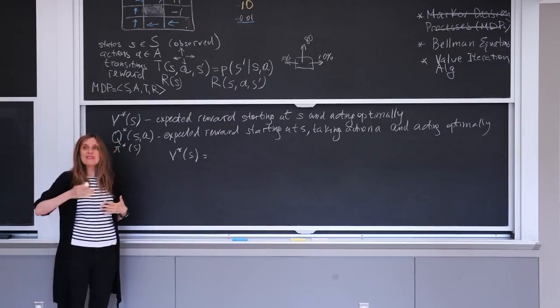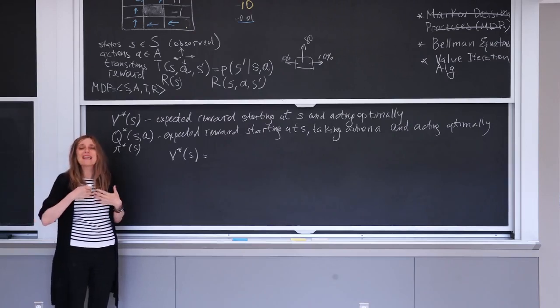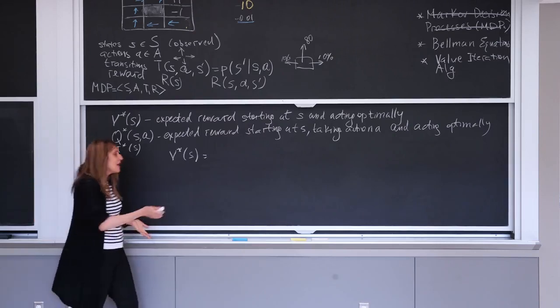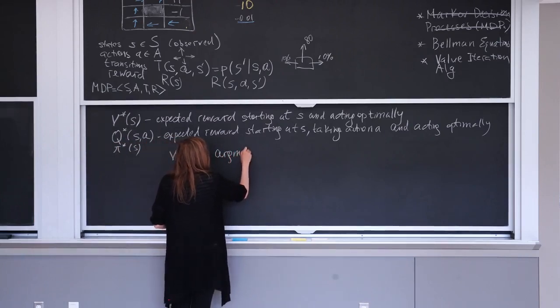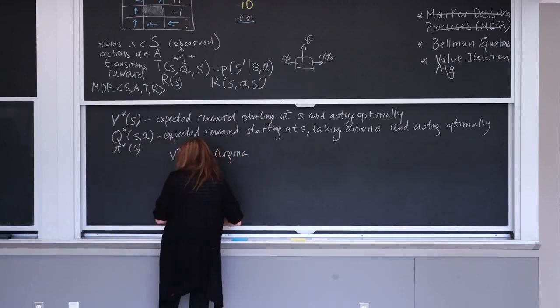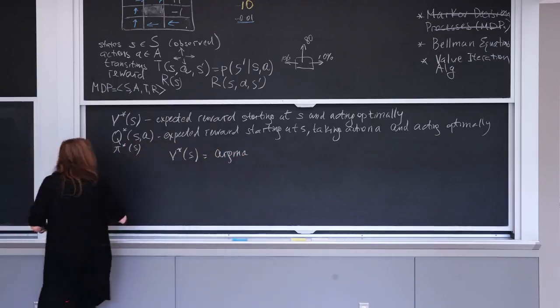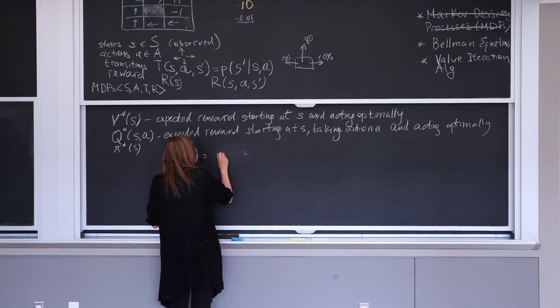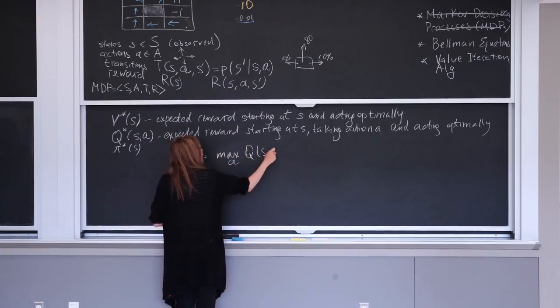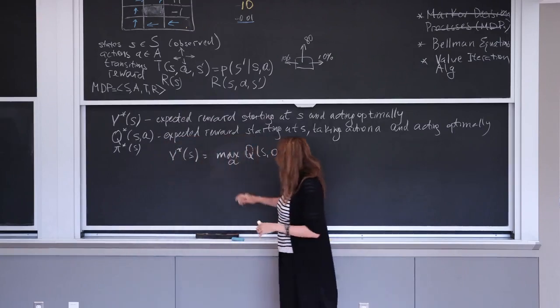So towards this optimal behavior, we need to select the best possible action. So pretty much what we can say is that it's going to be max over A of Q(S, A).